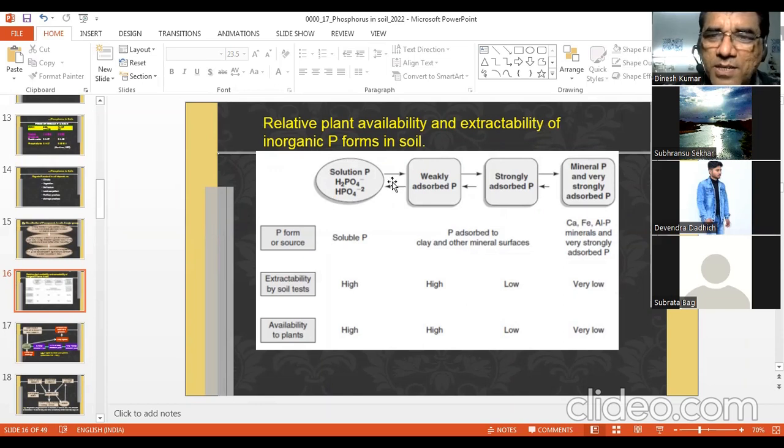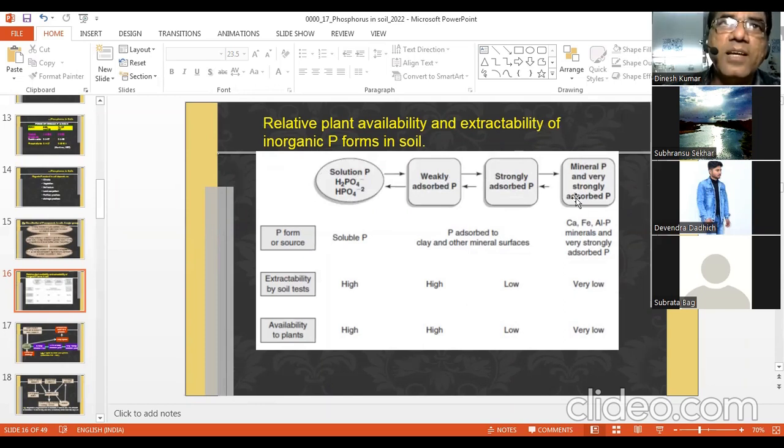So now you see, just now I have shown you soluble phosphorus, or phosphorus in solution, H2PO4, HPO4. And then it gets some phosphorus from weakly adsorbed phosphorus, and this is in equilibrium with strongly adsorbed phosphorus, and then mineral phosphorus.